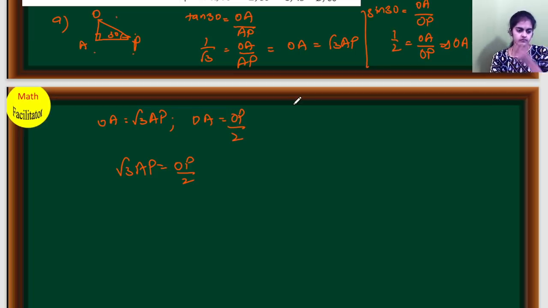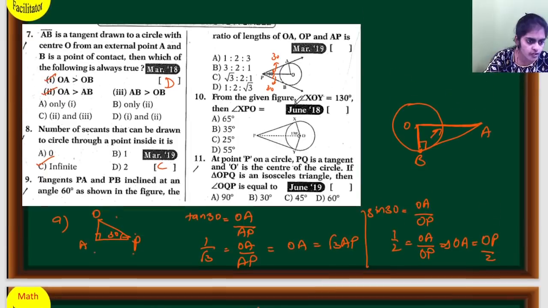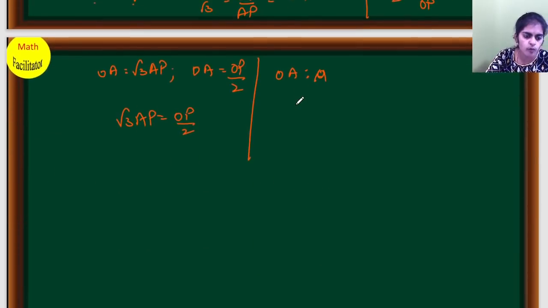See, OA is AP by root 3, OA is OP by 2, and now let me take the ratio. What is the ratio I want? OA is to OP is to AP. This is the ratio I want.